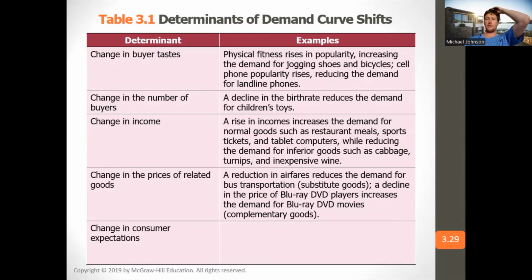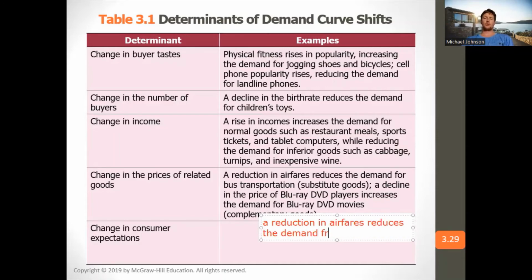So if air travel becomes cheaper, people will buy less bus transportation, because they'll go more to air travel because it's cheaper. That's actually not a good example here. Actually, the better example would be a reduction in airfares reduces the demand for driving.